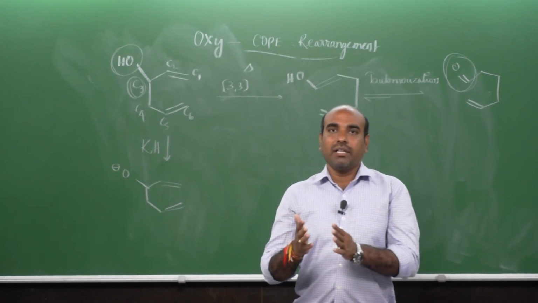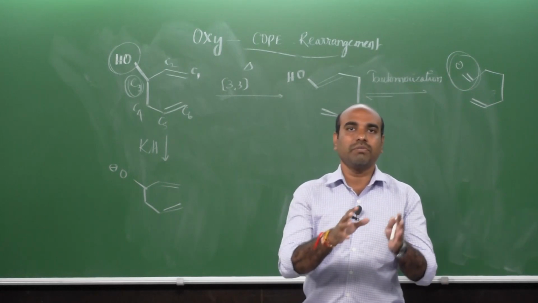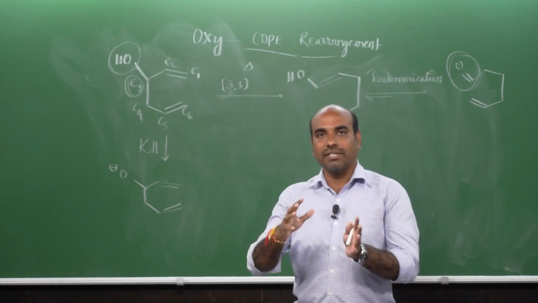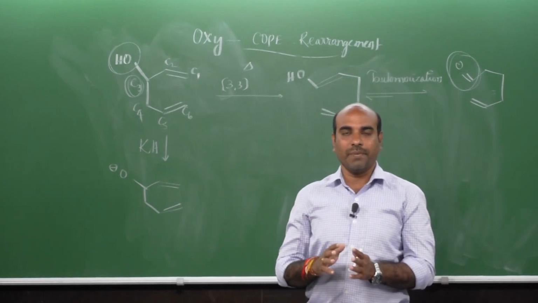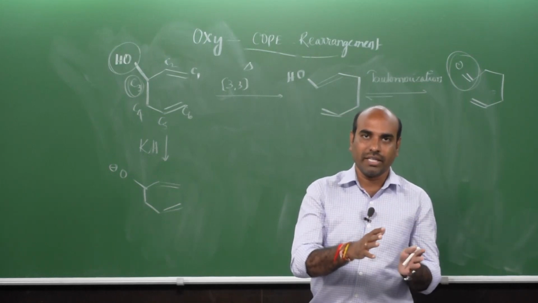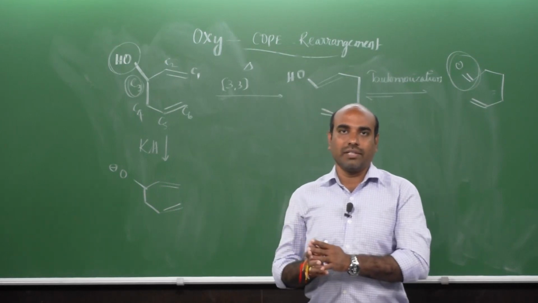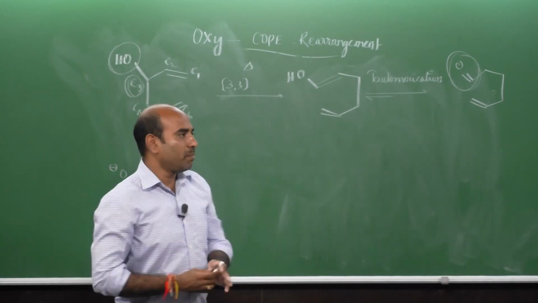But if the pericyclic reaction itself starts with an ionic species, then the charge will be carried forward until the product formation. It will neither create a new ion nor use up the existing ion. It will simply be carried forward from the reactant to the product.